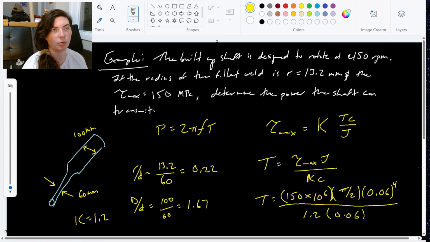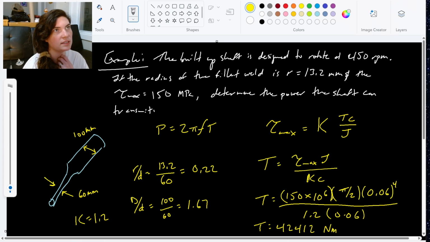That's the important part here. Remember, you're doing this for the smaller shaft. Once we've got all those, I can plug that into my calculator, and that gives me 42,412 Newton meters.